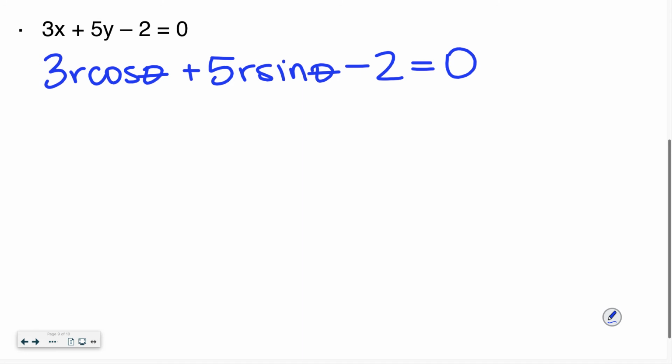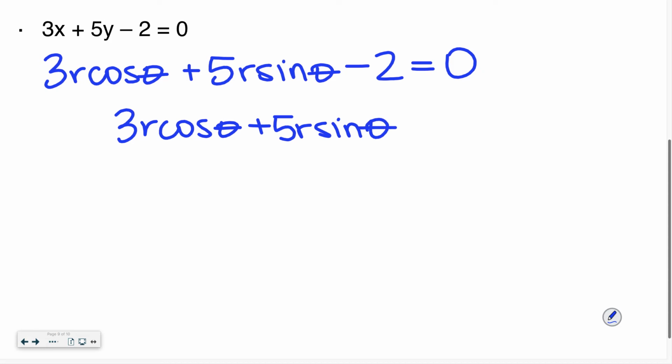Well, okay. So what I'm going to do is move that 2 to the other side of the equal sign because it doesn't have an r. And now what's true about both terms on the left? They both have an r.